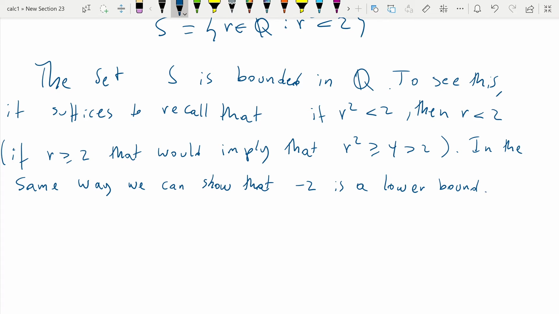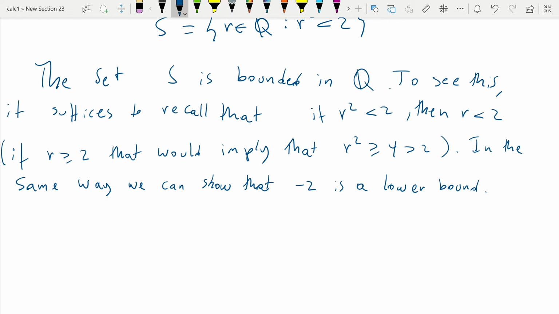Notice also that we claimed that the set S was bounded in Q, so the bounds have to be in Q, but -2 and 2 are both integers, and in particular rational numbers.